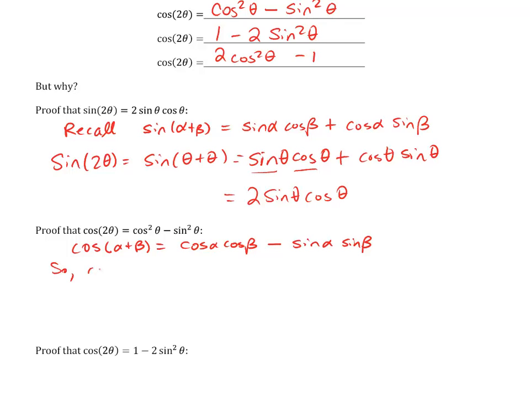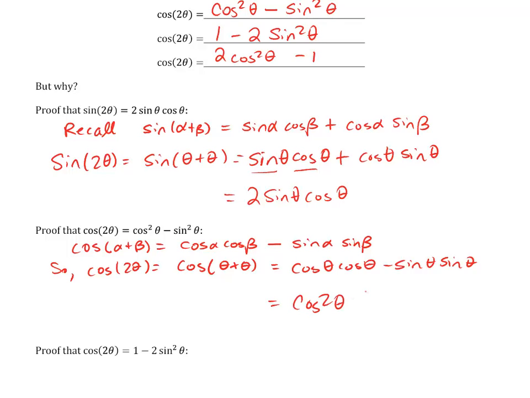So cosine of 2 theta could be thought of as cosine of theta plus theta, which would be cosine of theta cosine of theta minus sine theta sine theta, which gives us cosine squared of theta minus sine squared of theta. So cosine of 2 theta is always equal to cosine squared of theta minus sine squared of theta. Proved.